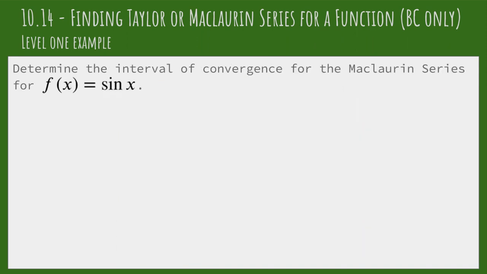So now that we know what the Maclaurin series for sine of x is, let's take a look at the interval of convergence. So essentially what we're looking for is what x values can we plug in to that Maclaurin series so that the sine function is equal to the Maclaurin series. So for the interval of convergence, I'm going to use the ratio test. And for the ratio test, first let me write the series here. So sine of x is equal to the sum from n equals 0 to infinity of -1 to the n, and then it was x to the 2n plus 1 over 2n plus 1 factorial.